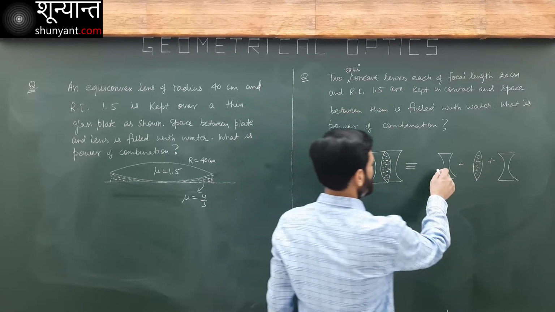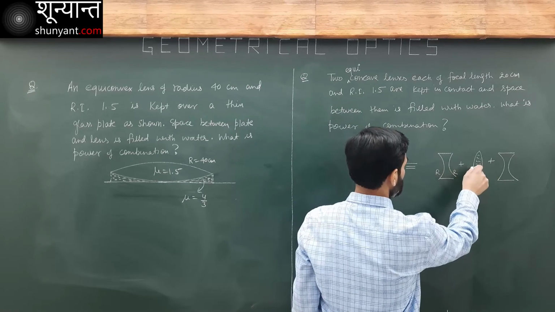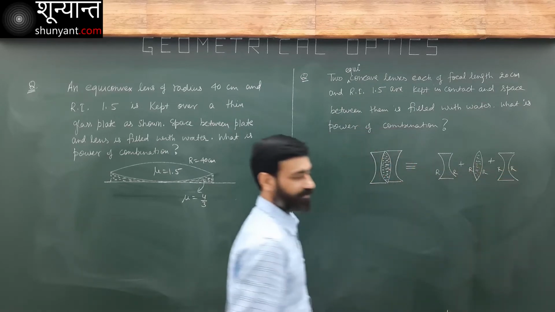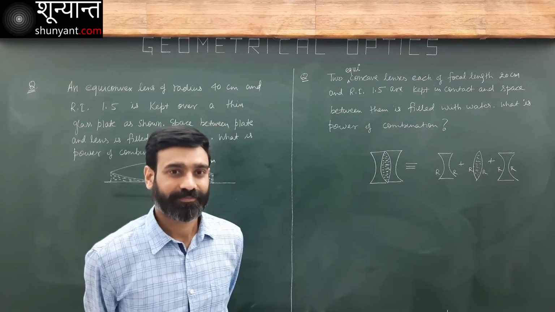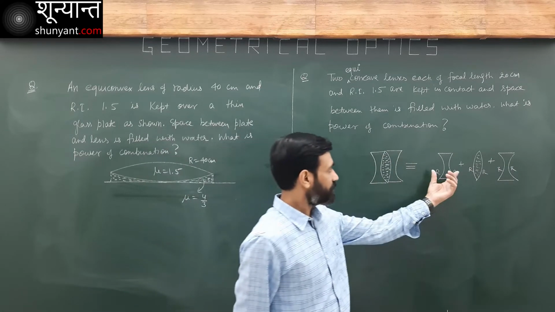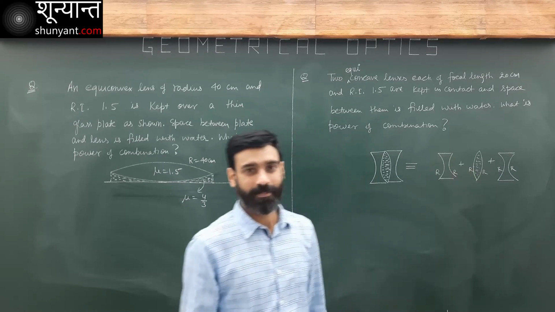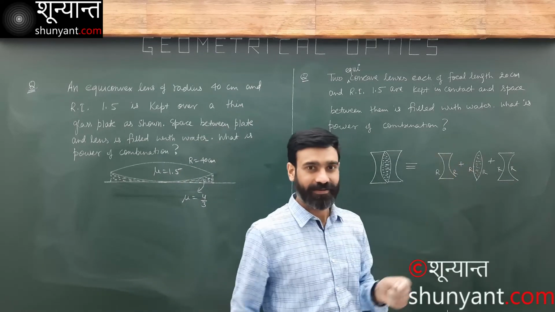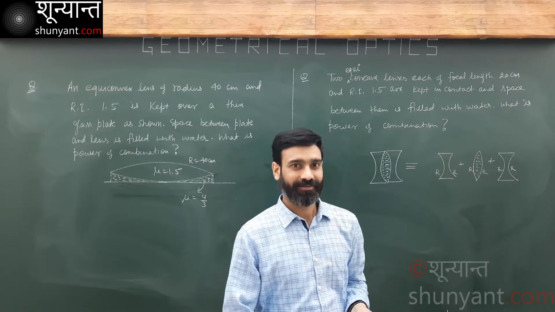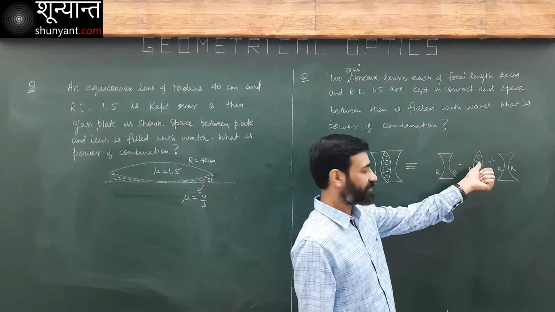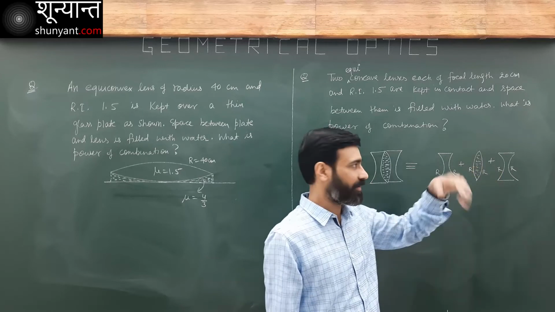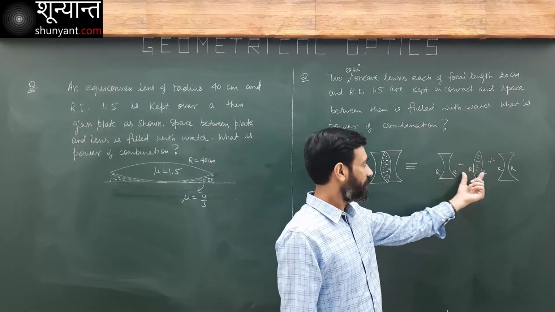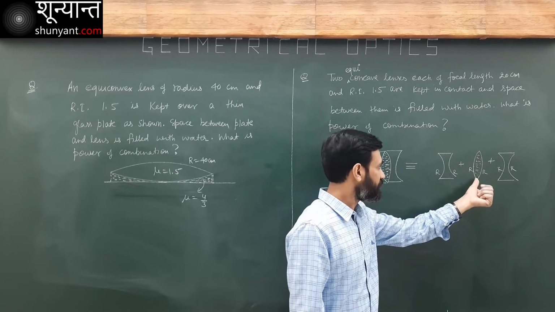So if this radius is r, this is r, then this also is going to be r. Do you understand this? Here I have this water lens, a lens made of water. It has some refractive index, I know it already, the refractive index of water, 4 by 3. The radius of this water lens will be the same as this.